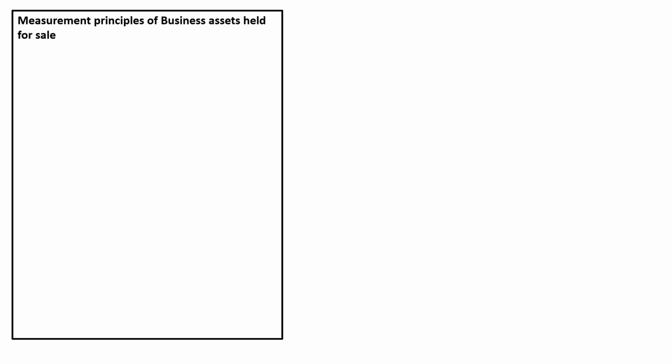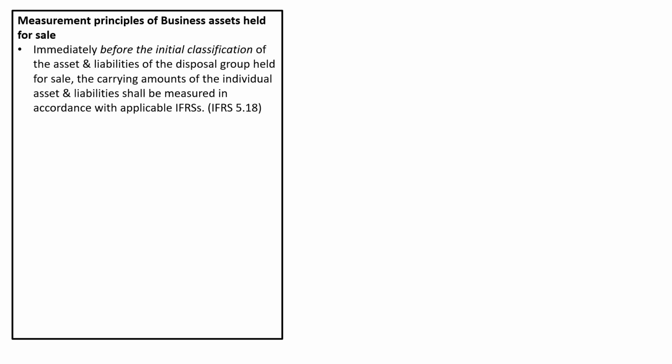We'll now review some of the measurement principles of business assets held for sale. Immediately before the initial classification of the assets and liabilities of the disposal group held for sale, the carrying amounts of the individual assets and liabilities shall be measured in accordance with applicable IFRS.